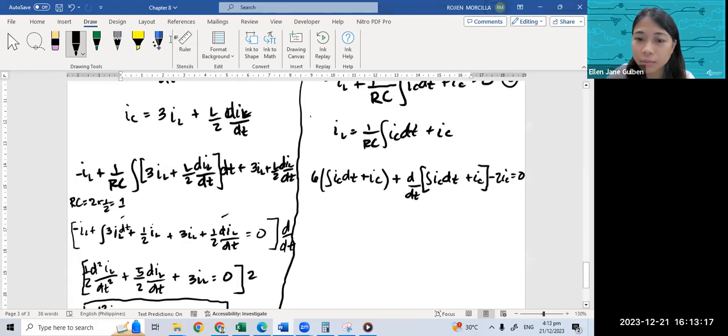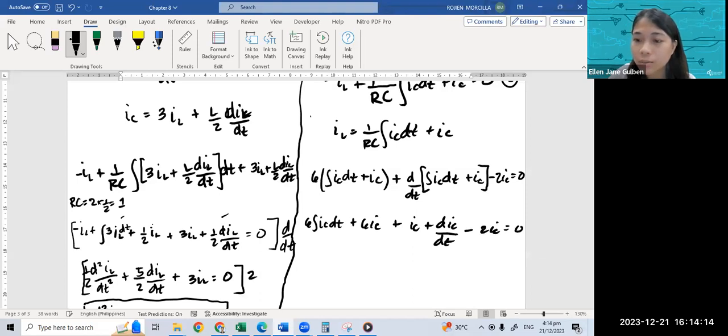Okay, simplifying, we get 6 integral of IC plus 6 IC plus integral of derivative of the integral, you get IC plus DIC over dt minus 2IC equal to 0.